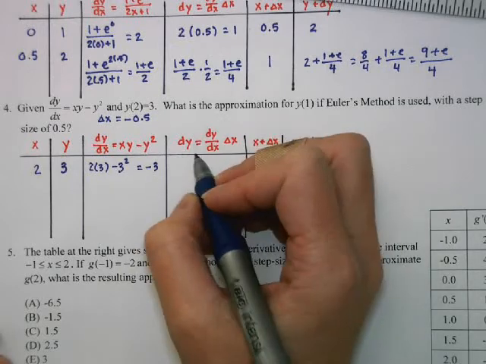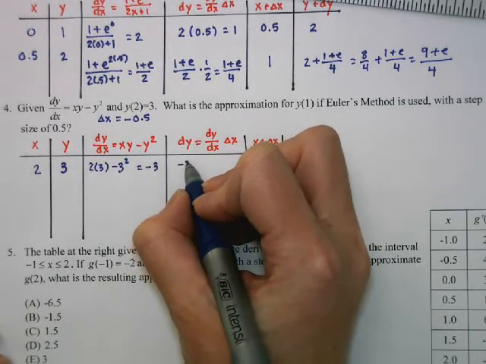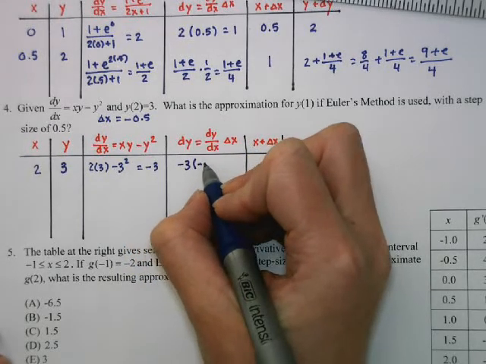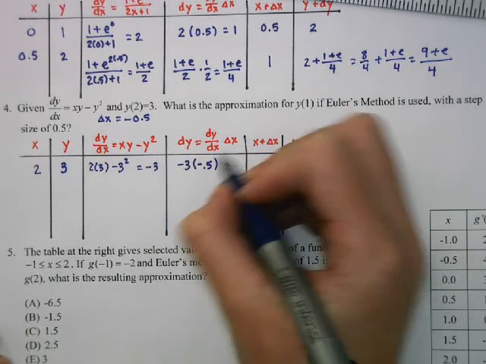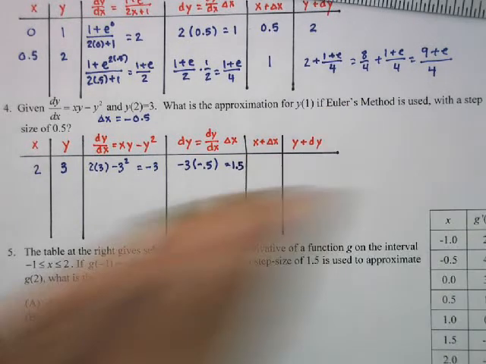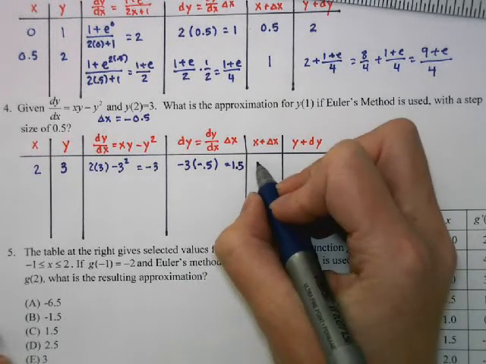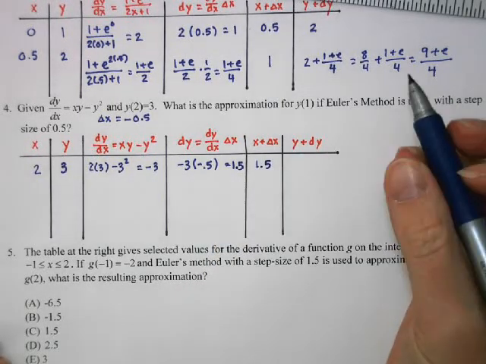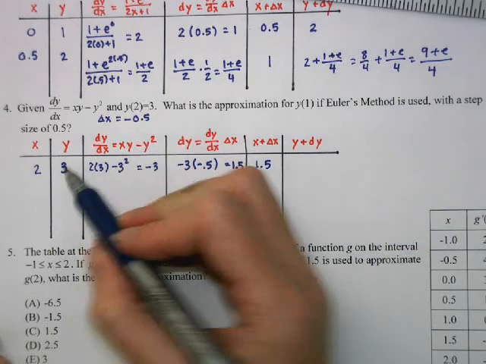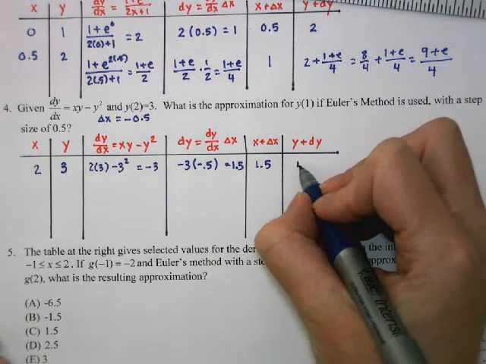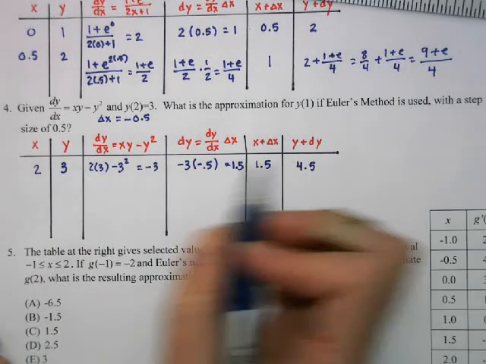My dy is going to be what we just found, -3 times our delta, which is -0.5. So negative times negative is positive 1.5. So my new x going backwards is going to be 1.5. My new y is going to be 3 plus that 1.5, or 4.5.